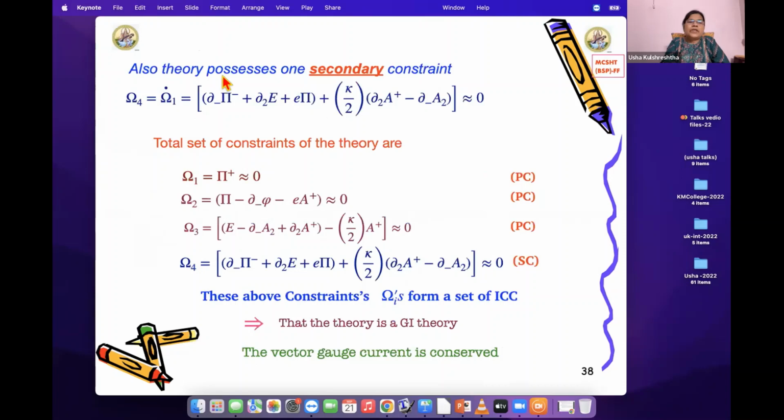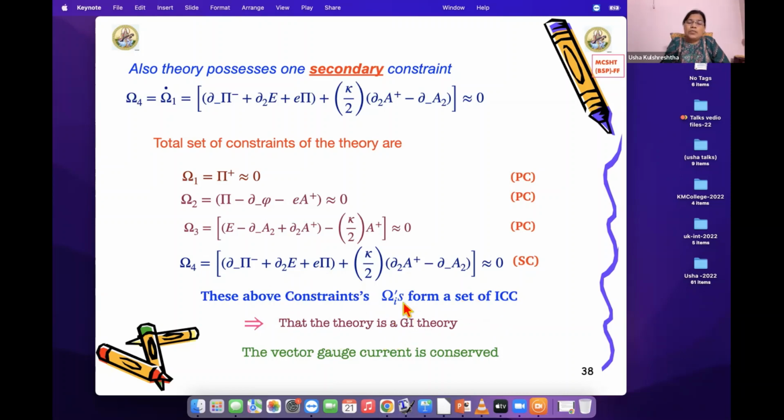And then we preserve the first constraint in the course of time, and we get another constraint. This I have renamed omega 4, but the preservation of the other two constraints, for example omega 2 and omega 3, does not give rise to any further constraints. So the theory possesses these four constraints, and this forms a set of first class constraints.